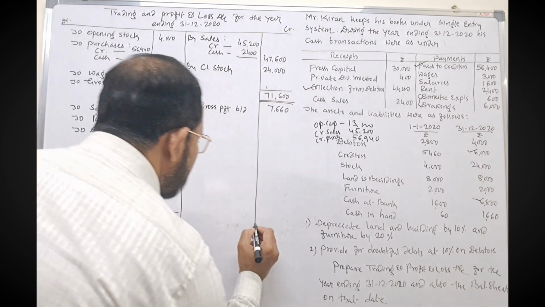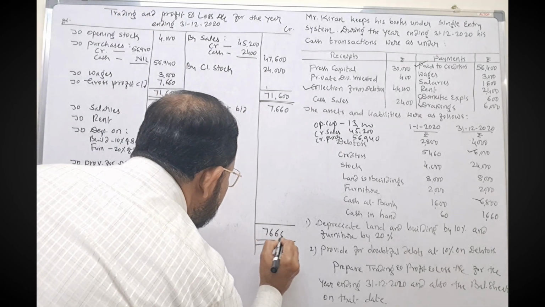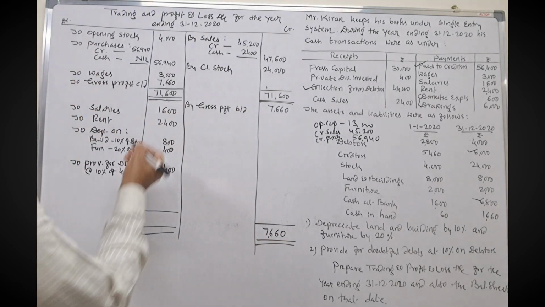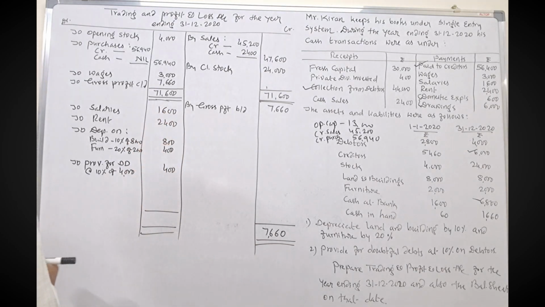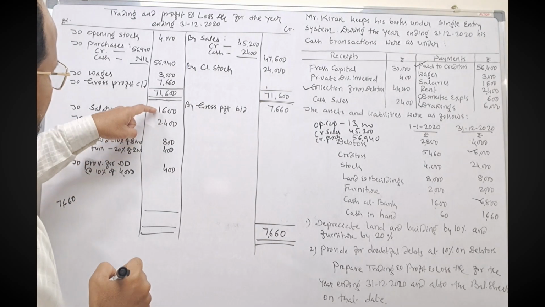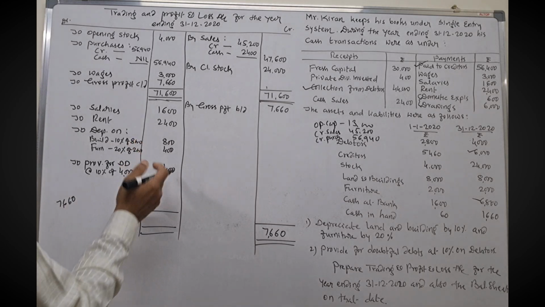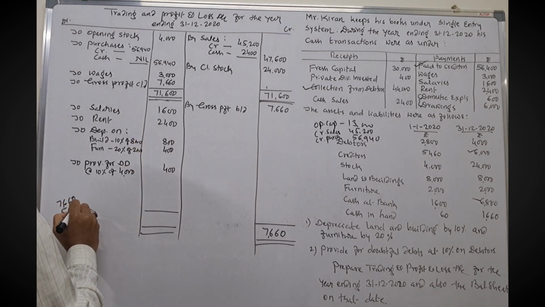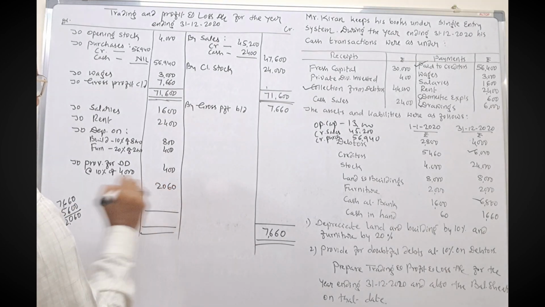Now find out the balancing figure. Here 7,660 is there. On this side you check, the total comes to 5,600. 7,660 minus 5,600, the resulting figure here is 2,060.